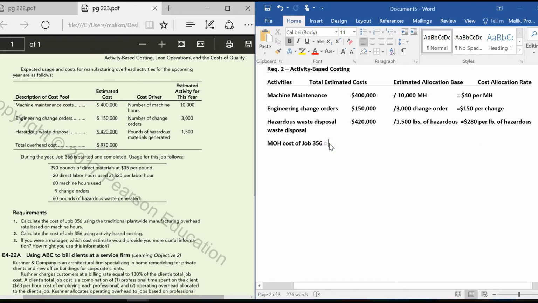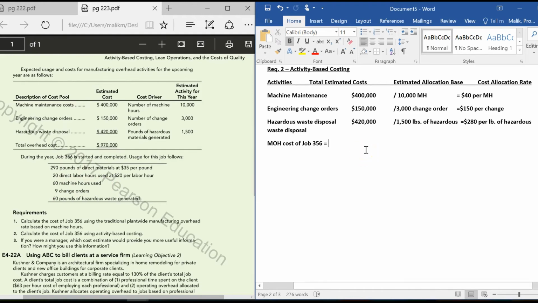So now let's calculate the manufacturing overhead cost of job 356, and we'll be using all three rates. For our first activity, machine maintenance, the rate is $40 per machine hour. Let's take a look at this table to see how many machine hours they actually used for these jobs. For job 356, they used 60 machine hours. So this is their actual allocation base.